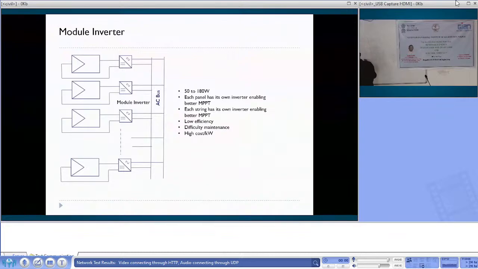Power versus voltage. This is the MPPT curve for one panel. If you have several panels connected in series or parallel, the scale may be different. Each panel is connected in series, but there is one bypass diode to bypass it if there is some shading on the panel.